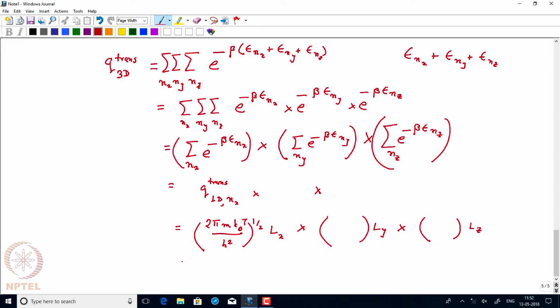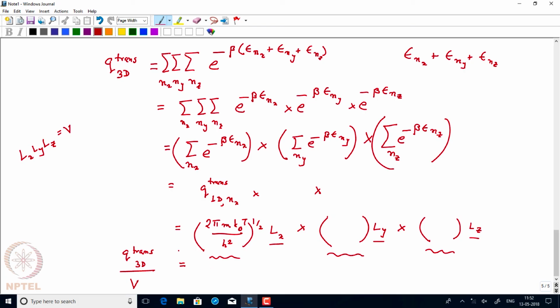So together, what we see here is Lx into Ly into Lz, if it is a rectangular box, which is nothing but the volume of your system. So what we usually do is calculate the translational partition function per unit volume, and then these things basically get multiplied.